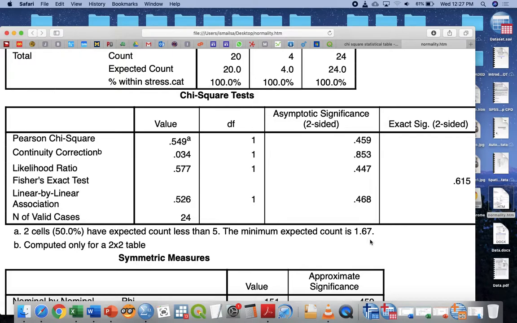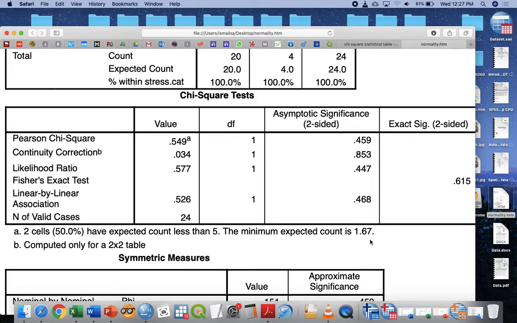Do you know how they calculate the expected count or not? How they calculate the expected count is very simple. Using this kind of formula. The formula for the chi-square is the same: observed minus expected, to the power of 2, divided by the expected, summed. But the difference will be here.